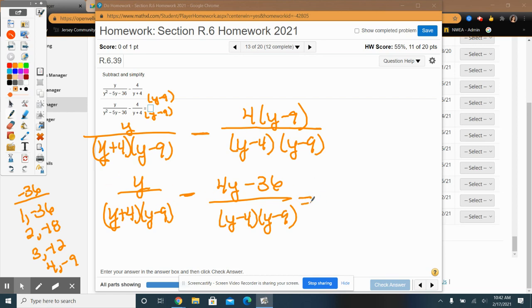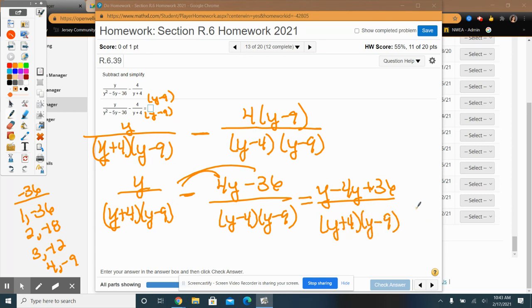And now when you put it together, you have to subtract both pieces. So it's y minus 4y plus 36 over y plus 4 and y minus 9. So that gives me negative 3y plus 36 over y plus 4 and y minus 9. See if they'll take that.